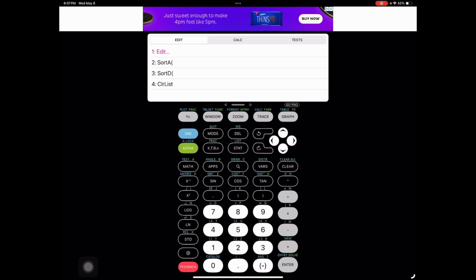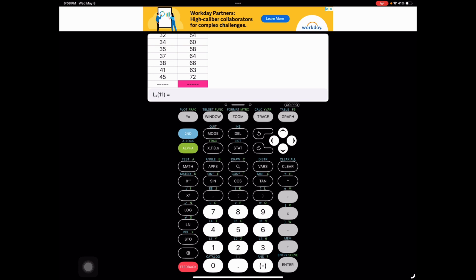You're going to hit Stat and then option 1, which is Edit, and then you're going to enter your X values such as 26, then 28, etc. into L1, and then you'll arrow over to L2 and you'll enter 51 and 50 and so on. At this point, please pause the video, enter your data, and then resume the video to move on with me. Now you've had a chance to enter that data yourself, so you should be looking like me. You've entered both, you're at the end.